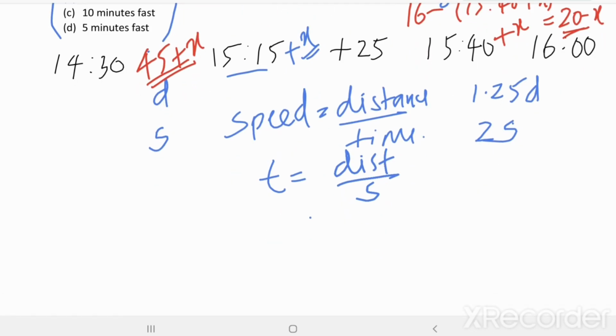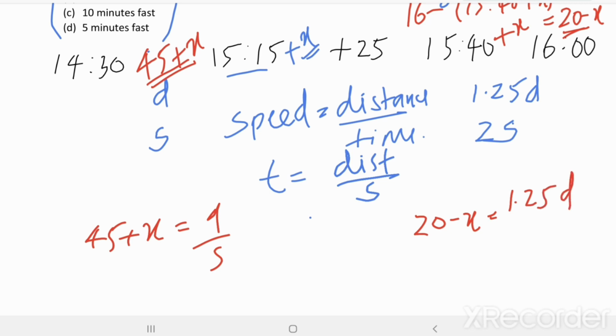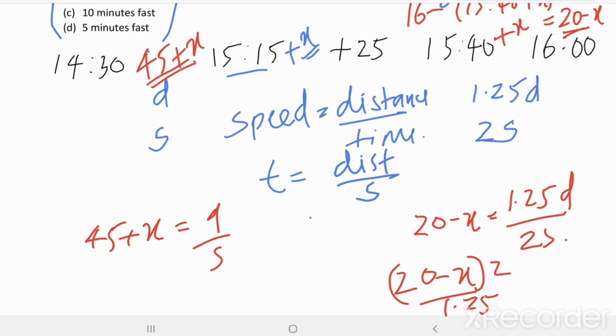Then we can say here time, 45 plus x, equals d by s. Here 20 minus x equals 1.25d by 2s. From here, 20 minus x into 2 divided by 1.25 equals d by s.